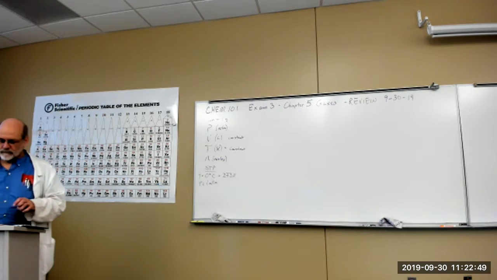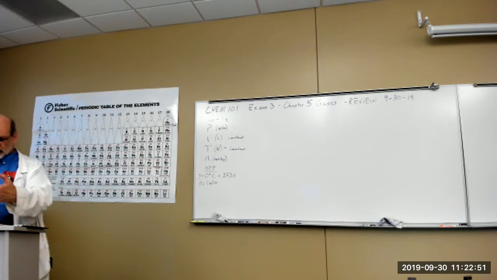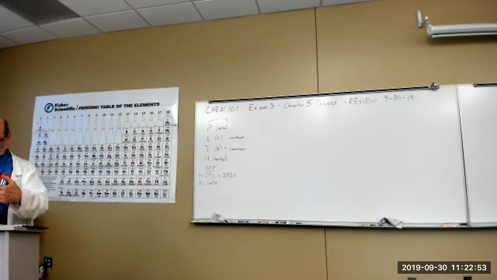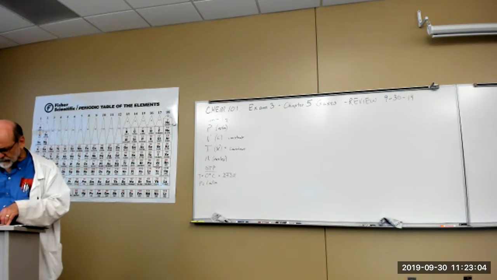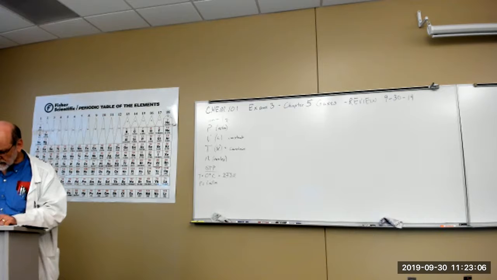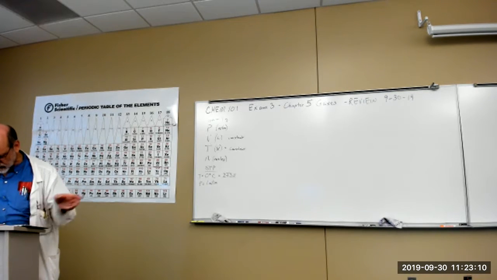Okay. For that one, rather than go through the whole argument of scenarios 1, 2, 3, let's see. Scenario 1, throw that one out. Scenario 2, throw that one out.